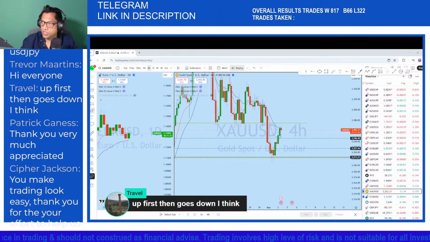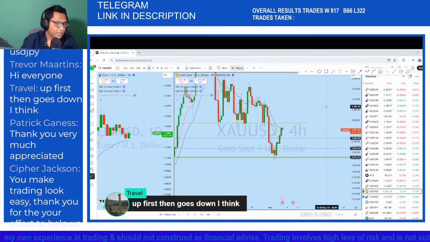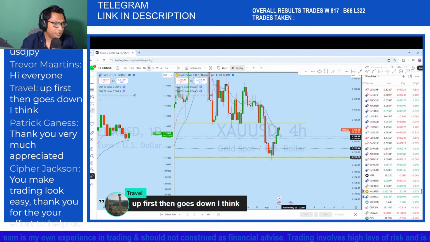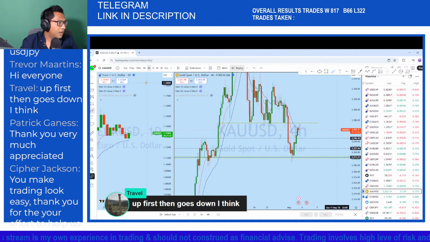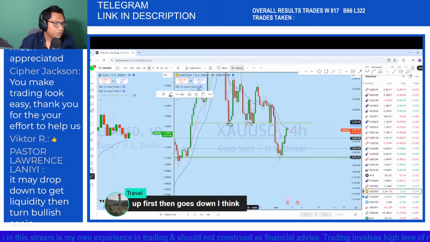Let's look at how the market could potentially be doing here. All right, so let's see. In this area, this is a support. You can see support here, support here, support here, turning resistance.